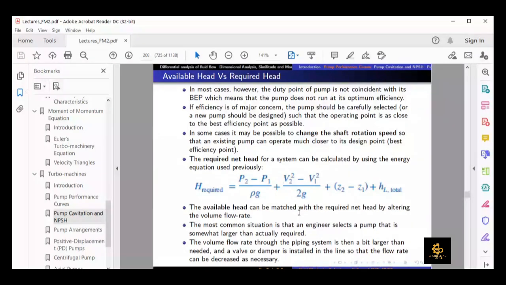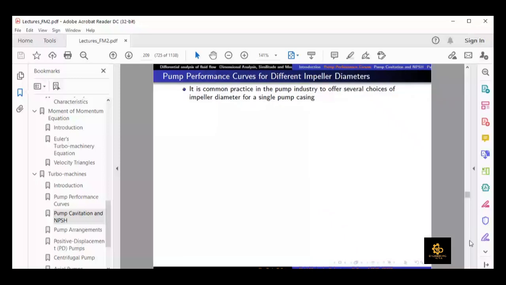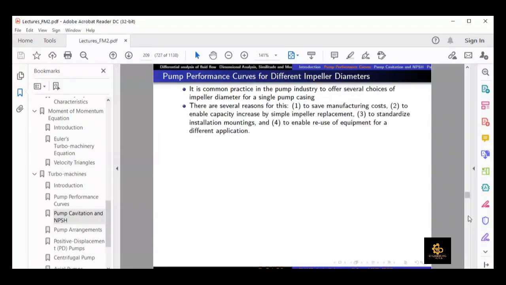So it is common practice, as I discussed, that impeller diameters are variable in a pump. So it means that a pump comes with different impeller diameters. On the shaft of the pump we can have different impeller diameters. The advantage of doing that is manufacturing cost, because if we offer separate pumps having different impeller diameters, it would cost more, and it enables capacity increase by a simple impeller replacement.